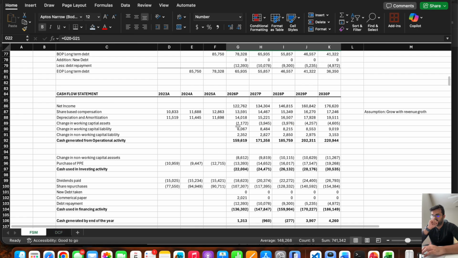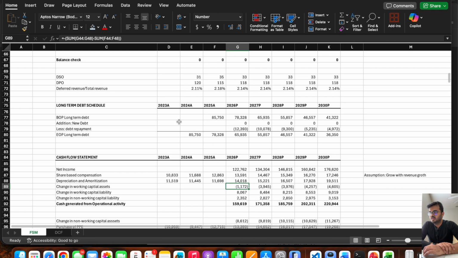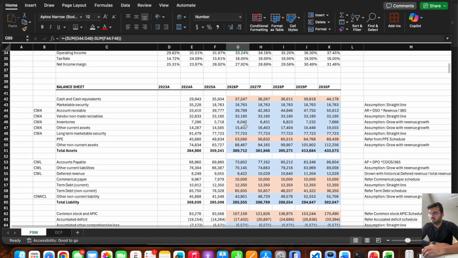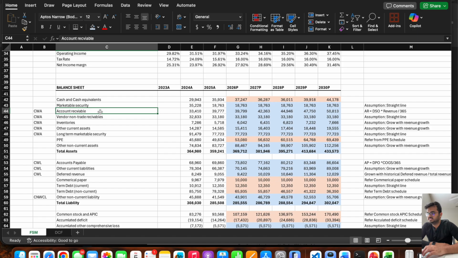Again, to summarize how I got the change in working capital asset, I'll just go back to my balance sheet. In the balance sheet, what are all the working capital assets? Accounts receivable is a working capital, vendor non-trade receivable is a working capital, inventories are working capital, and other current assets is also a working capital.